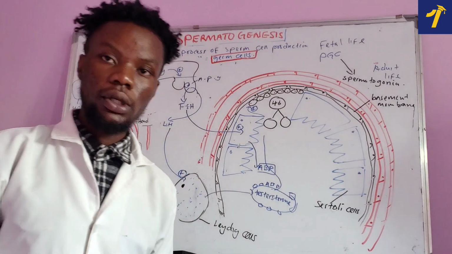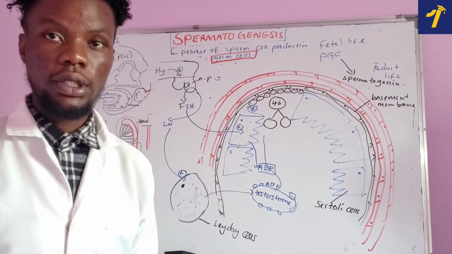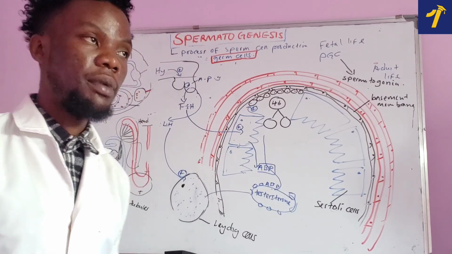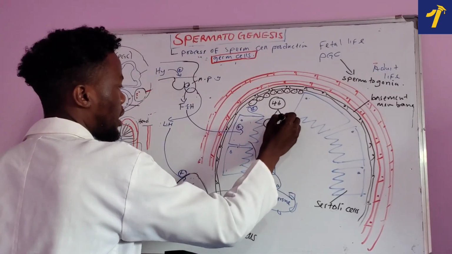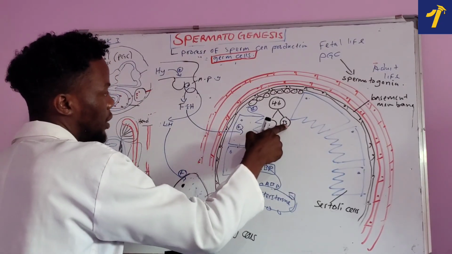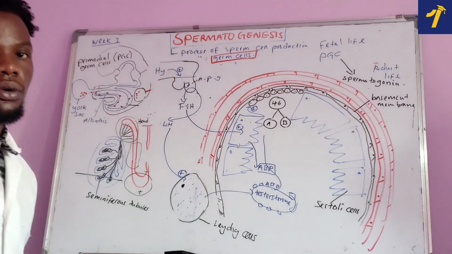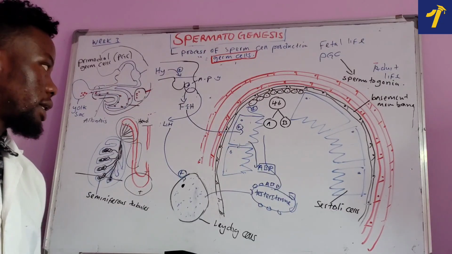Because spermatogonia, we've got type A spermatogonia and type B spermatogonia. So we've got A and B. And both A and B, they have got 46 chromosomes. So make sure that you understand about that.